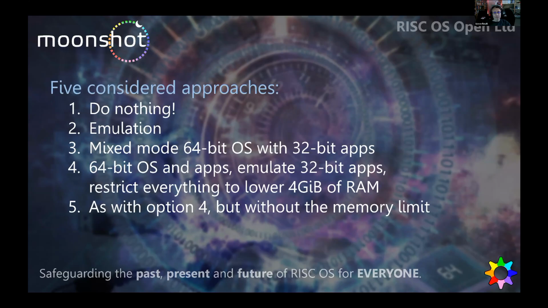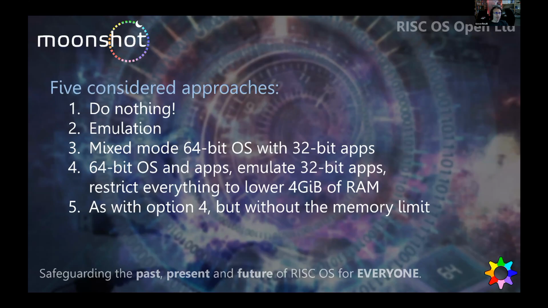Now, there's an obvious downside to emulators in that RISC OS hasn't changed, so it's still just a 32-bit operating system. So it's not benefiting from all the 64-bit goodness that's underneath it. For example, you can't access huge hard drives, or you can't load a massive movie file that's 7 gigabytes into RAM, because RISC OS will never be able to do that if it's still 32-bit.